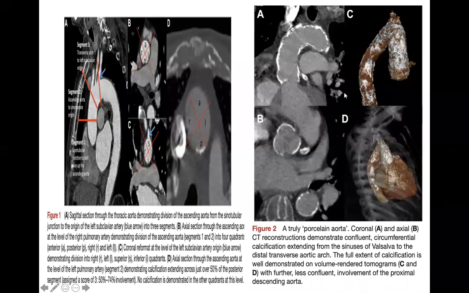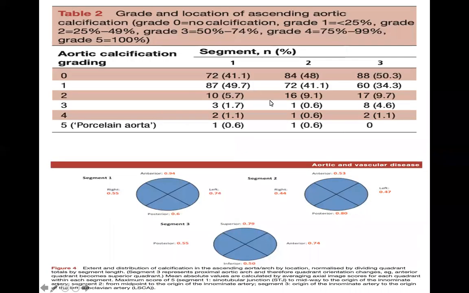In figure 2, you can see the true porcelain aorta with calcification all over from the aortic root up to the distal ascending aorta. Their classification depends on the grade, from grade 0 until grade 5, which is a porcelain aorta, and to have a more precise extent of calcification, they divide the segment into 4 quadrants as I mentioned.